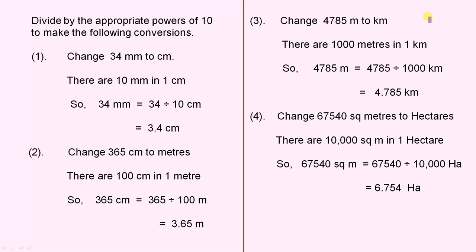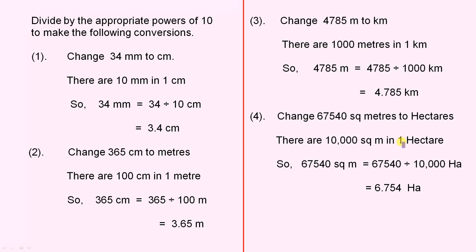Change 4,785 metres to kilometres. There are 1,000 metres in 1 kilometre, so 4,785 metres equals 4,785 divided by 1,000 kilometres, and that's 4.785 kilometres. Change 67,540 square metres to hectares.